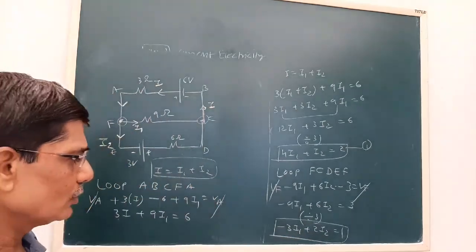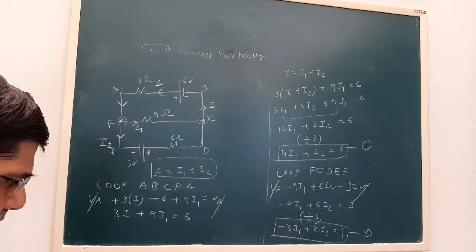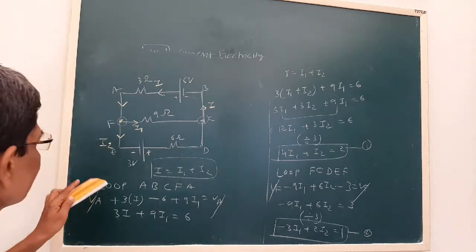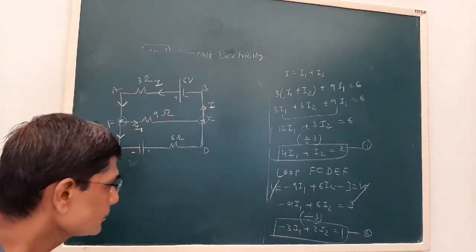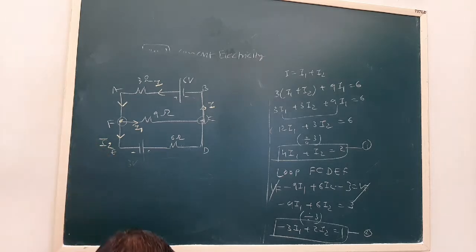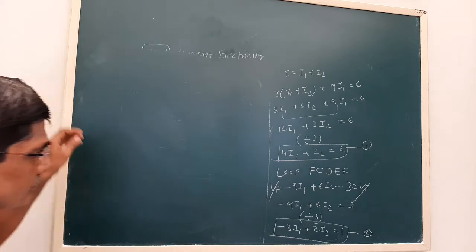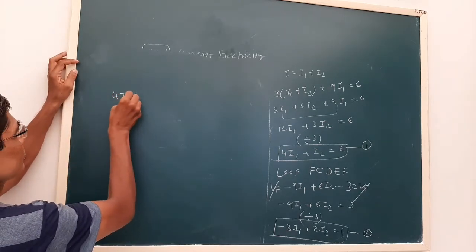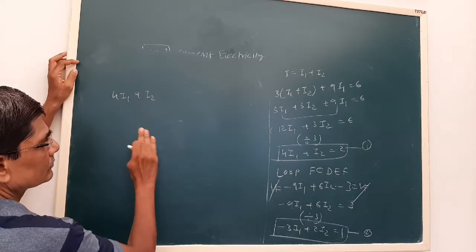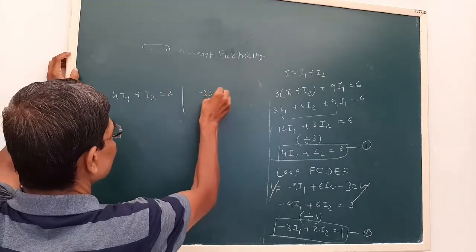So as I said, we should have two equations, and we have obtained them. Now what we have to find out is I1 and I2. So we can simplify. 4I1 plus I2 is 2 and minus 3I1 plus 2I2 is 1.